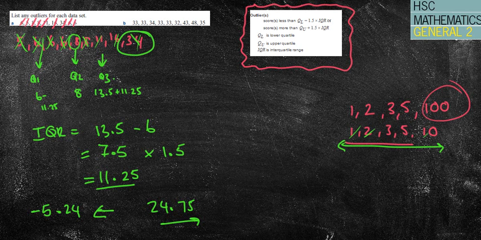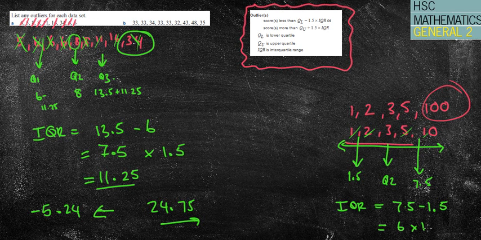1, 2, 1, 2. 3 is my Q2. 1.5 is my Q1. 7.5, if I look at things, is going to be my Q3. Now, my interquartile range is 7.5 take away 1.5, which is going to be 6.